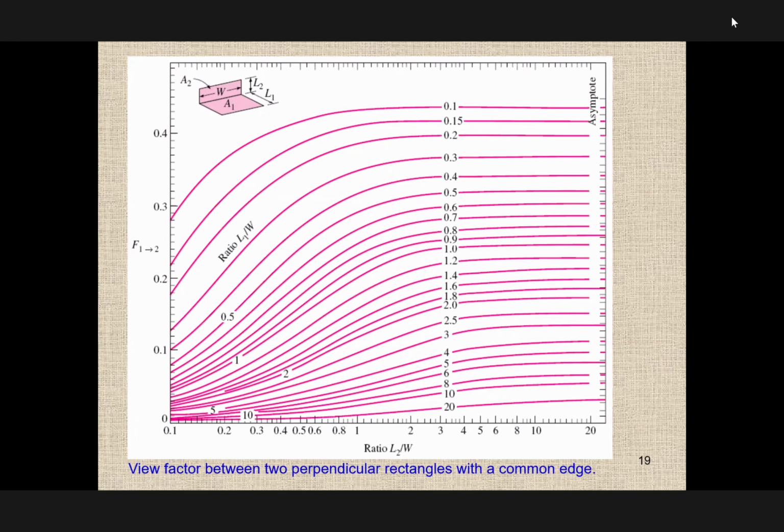Again, this comes from the size of the plates, L2, L1, and width W. This gives you L2 over W, and here you can see L1 over W. Again, the view factor goes from 0 to a maximum of 1, okay? These give you easy graphs: when you're designing, you can easily come and get this number.